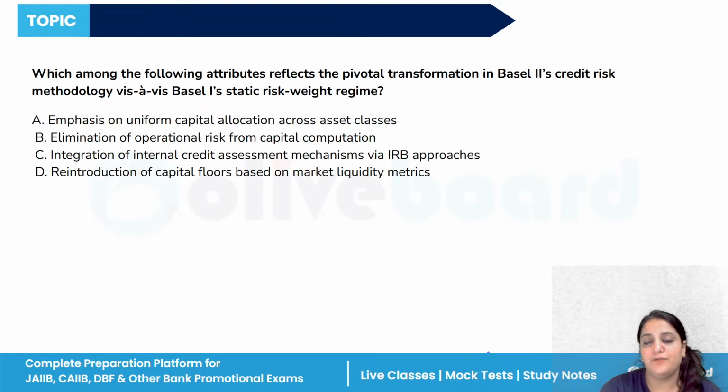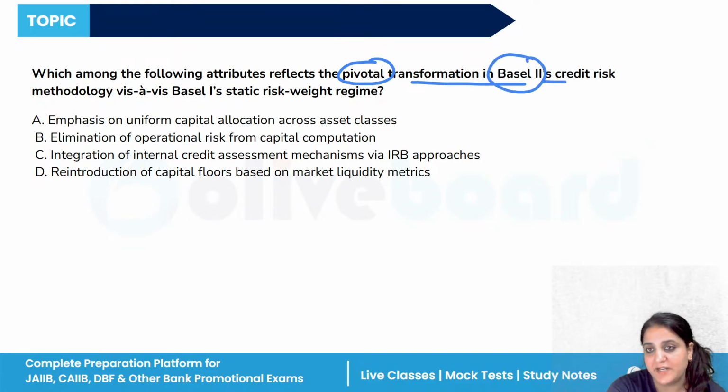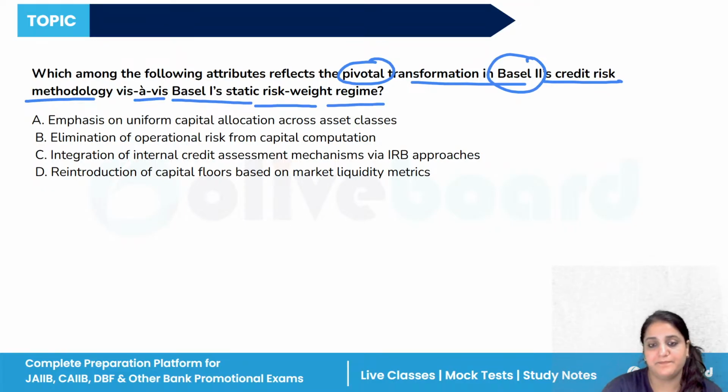Which of the following attributes reflects the pivotal transformation of Basel II credit risk methodology from the Basel I static risk weight regime? Transformation of Basel II.